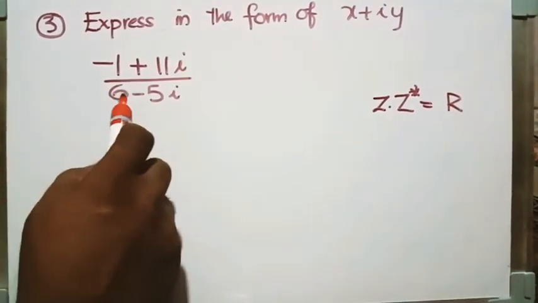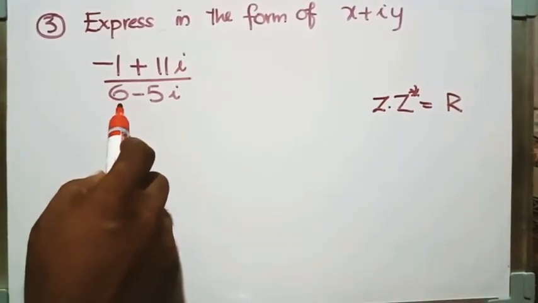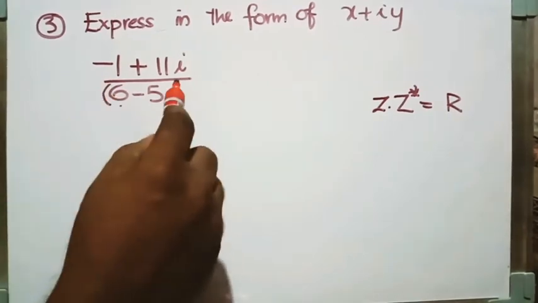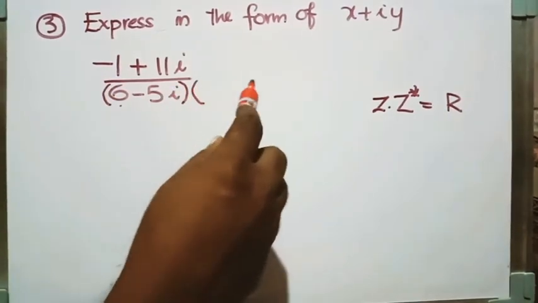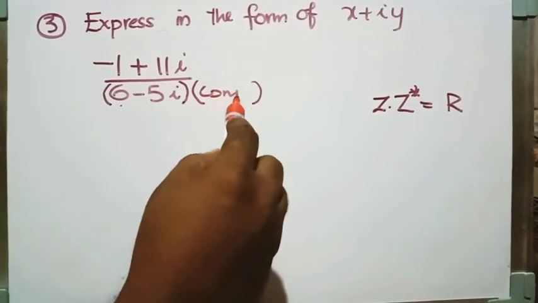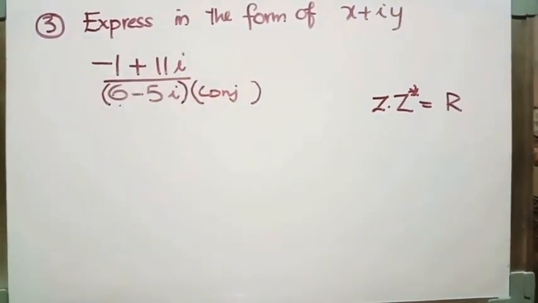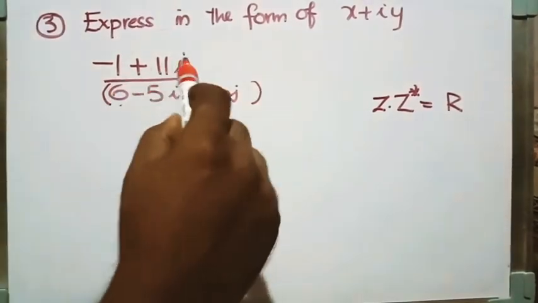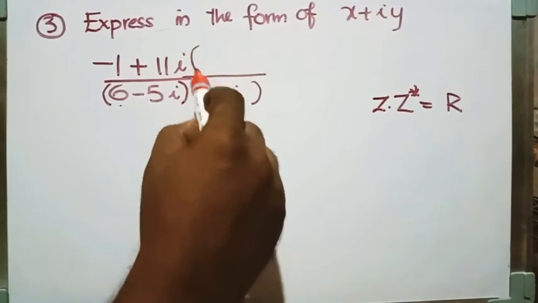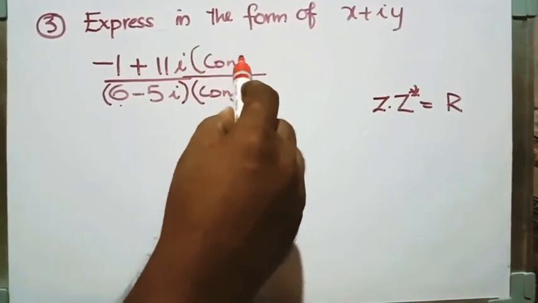So to make this denominator a real number, you have to multiply by its conjugate here. But we are not allowed to multiply a number only in the denominator. So we have to multiply the same conjugate in the numerator also.